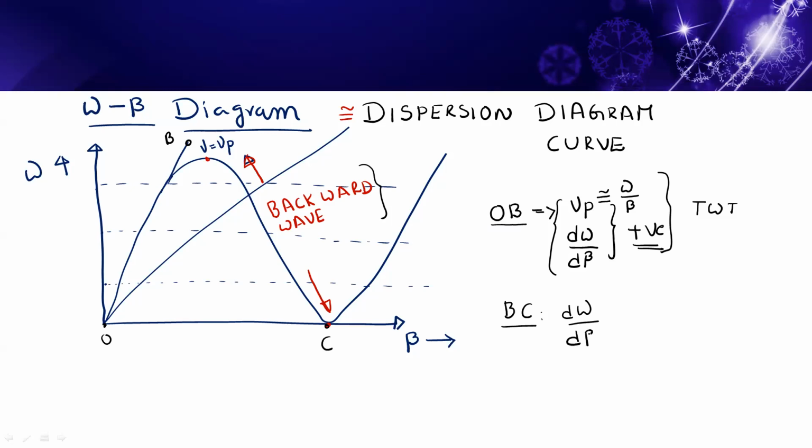Due to the reflections, due to the backward wave, the slope of this curve is downward. That is called a negative direction. That is the speciality of this backward wave oscillator. Clear? Therefore, the interaction takes place in the BC region.